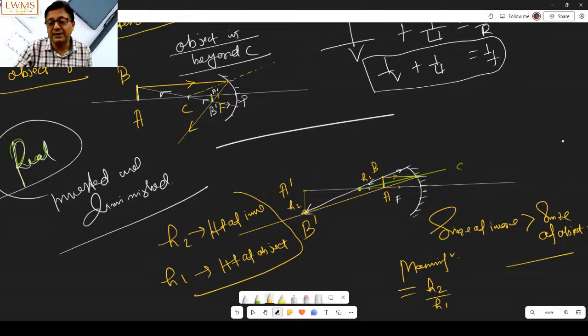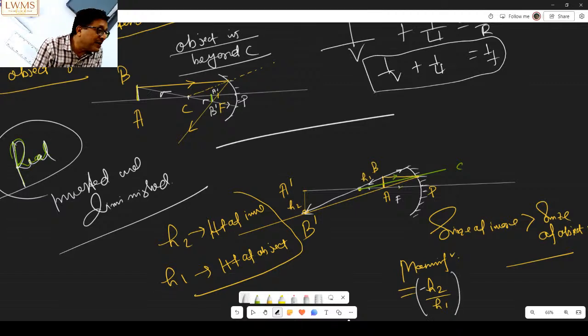Here it is magnified really, and by using similar triangles we can show that. Another thing, see, magnification, the symbol I have taken, it is not correct. This one lies above the principal axis, this is below the principal axis. We should take a minus sign before. Never make this mistake.